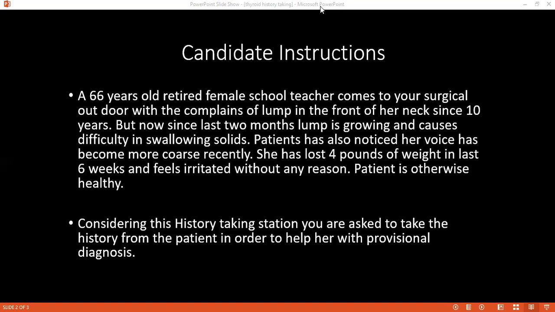Doctor, I'm having difficulty swallowing these days. Oh, I'm so sorry to hear that. When did that actually start? Doctor, I'm feeling difficulty right now.